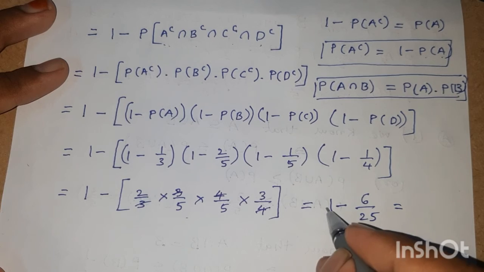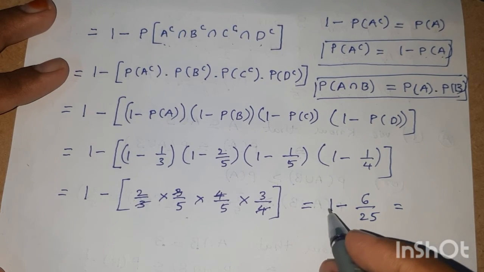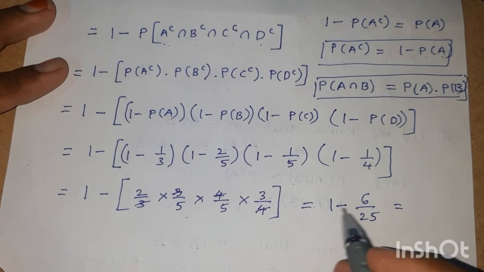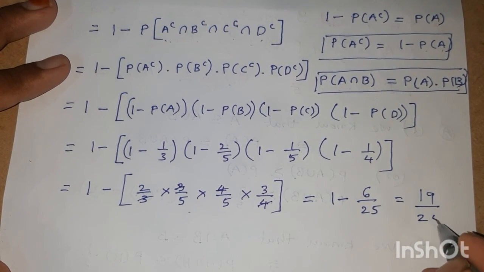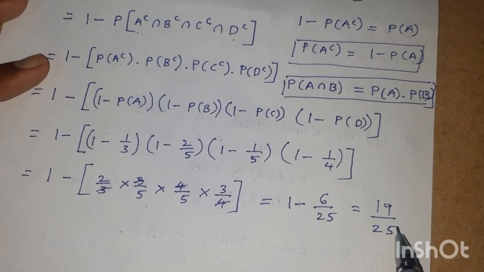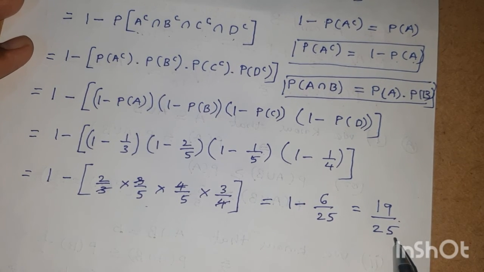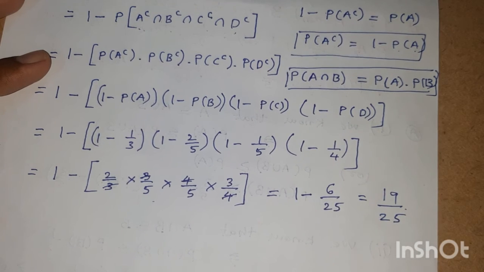Now 25 minus 6 is 19 by 25. Therefore 19 by 25 is the probability to solve the problem.